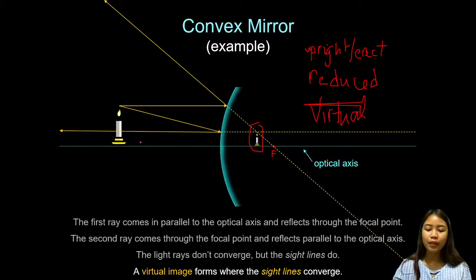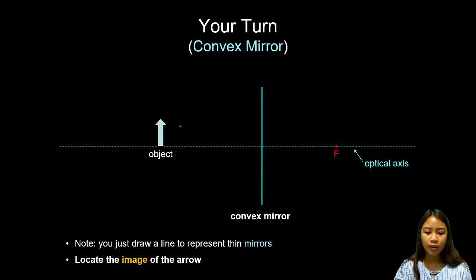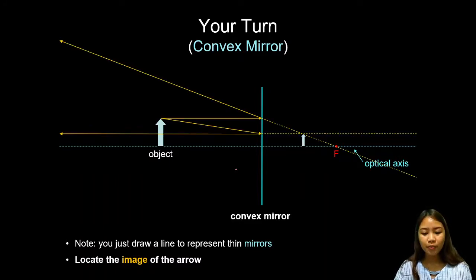Okay. Now, let us try to have another ray diagram. Okay, so what will happen to the ray diagram? So, please pause the video and try to make your own ray diagram. Okay, so here it is.